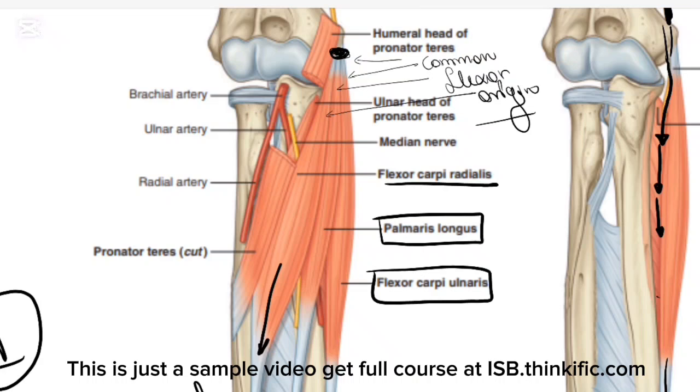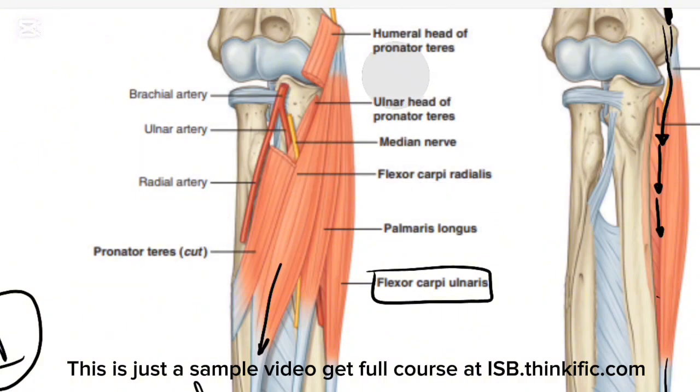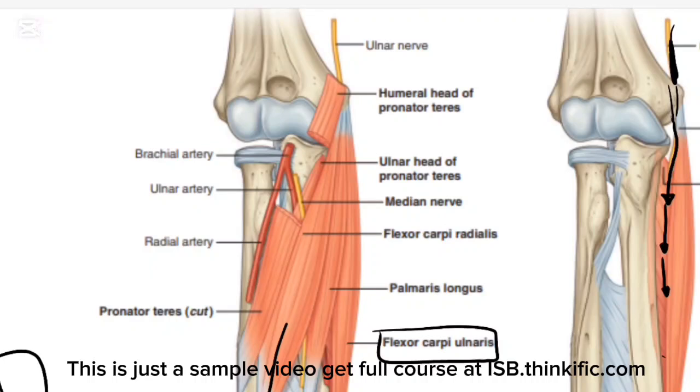Finally, you've got the pronator teres in the superficial layer. The pronator teres has two heads, right? As I've told you earlier, it has two heads. One head comes from the humerus, from the medial epicondyle of the humerus, and also the medial supraepicondylar ridge. This is called the humeral head.